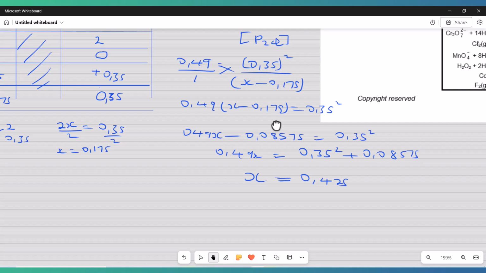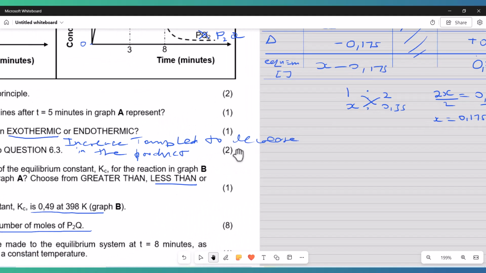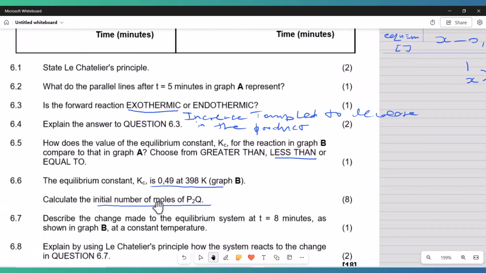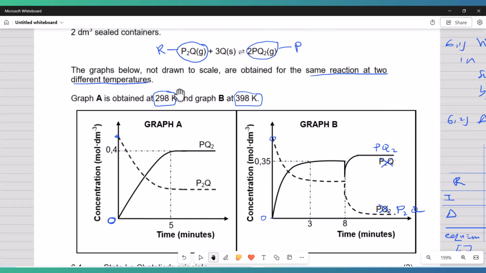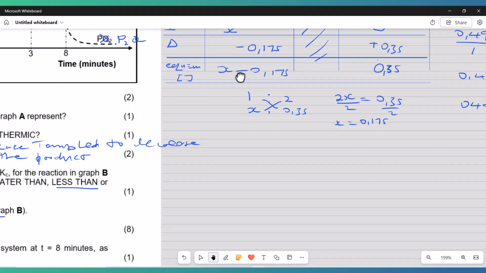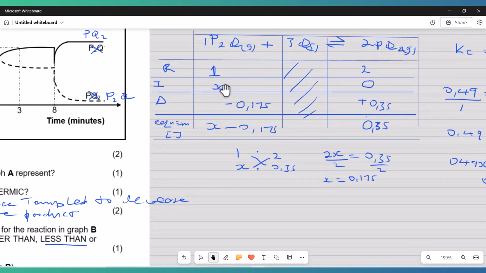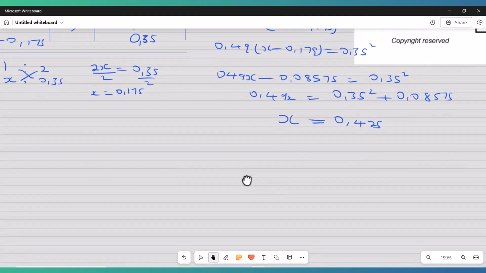So we're looking for the number of moles. Look at our question again. It says that we must calculate the initial number of moles of P2Q, which was the reactant, and our container was how many decimeters cubed? It was 2. You see it here, 2 decimeters cubed. Okay, so what I have right now is this initial concentration, but I want the moles. Okay, what do we know, guys?